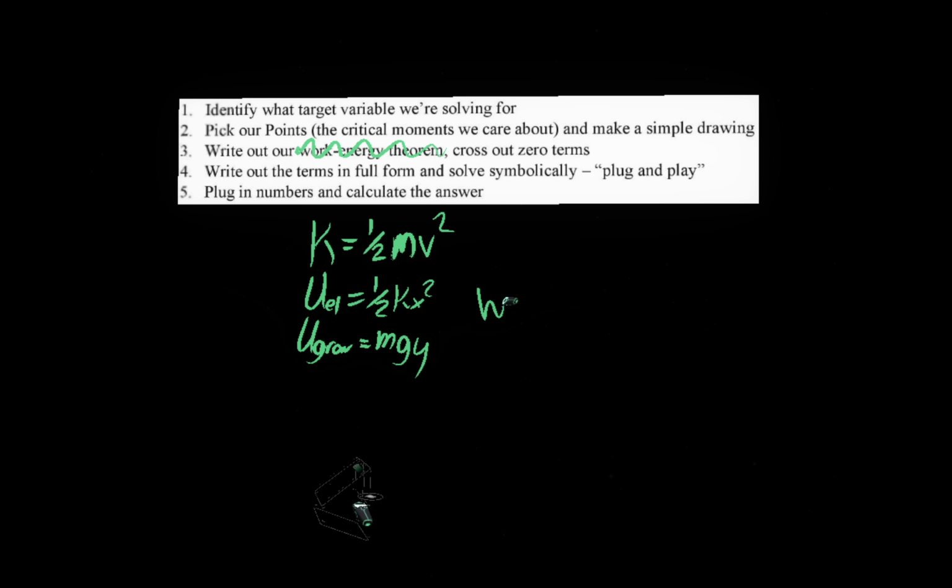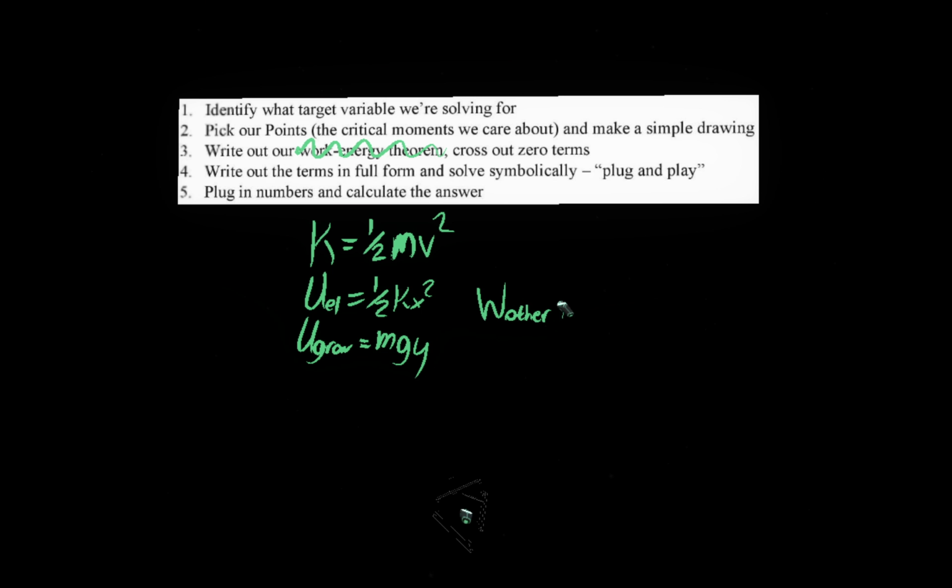And then write out the terms in full form and solve symbolically. Full form meaning kinetic energy is equal to 1/2 mv squared. U elastic is equal to 1/2 kx squared, and U grav is equal to mgy. And then work other can be lots of things.